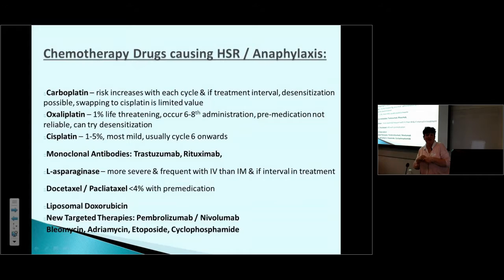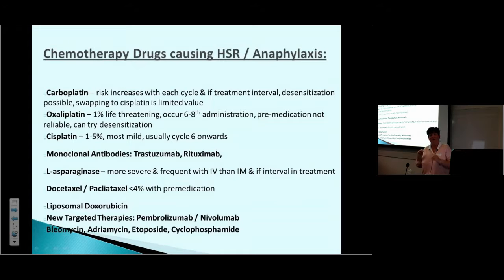The other thing that can be used for patients who develop sensitivities to carboplatin is a desensitization program. And the literature varies. Some of it involves starting the infusion slower, but to do full-blown desensitization, it can be a 12-step process.